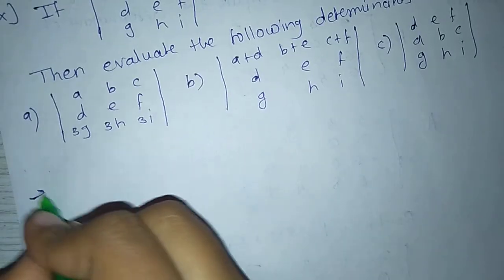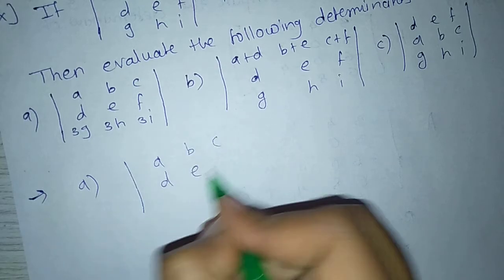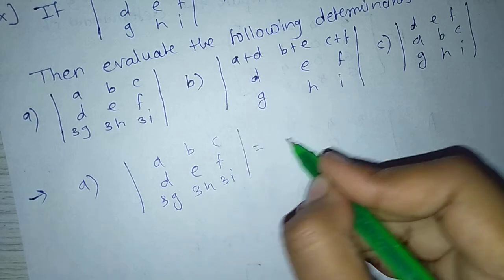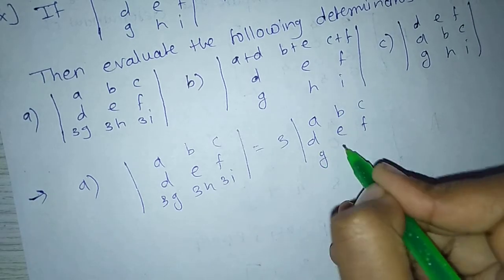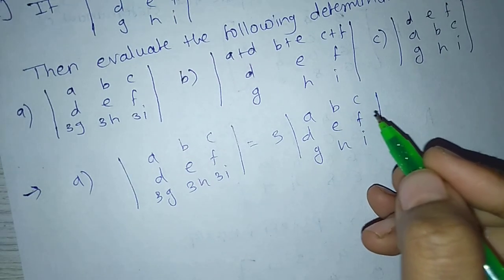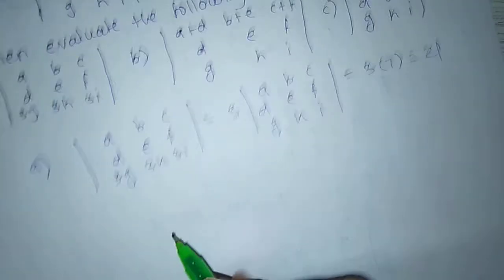So first, determinant of A B C, D E F, 3G 3H 3I equal to 3 into determinant of A B C, D E F, G H I, equal to 3 into 7 equal to 21.